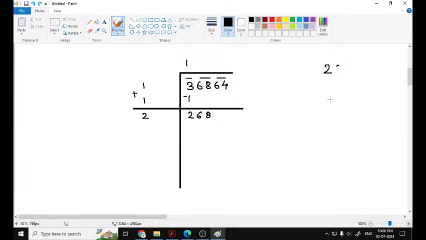That is also smaller. So let us consider 29. 29 into 9 is 261. This is smaller and closer, so we write here 9.